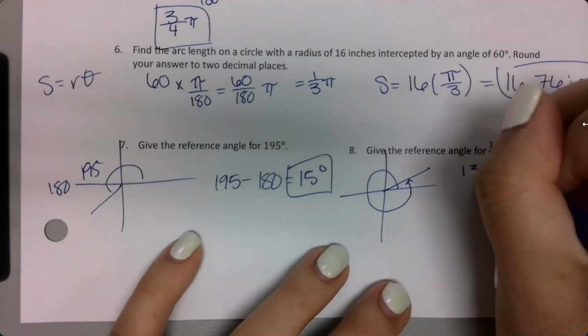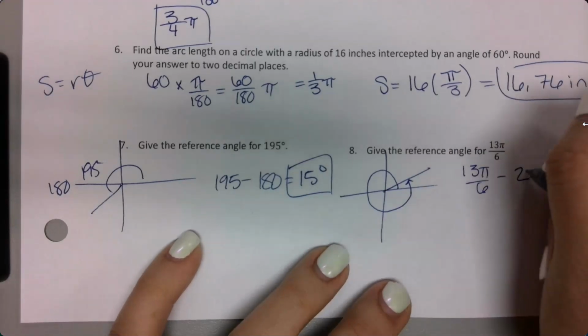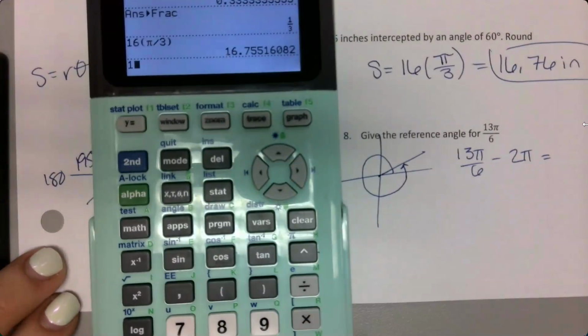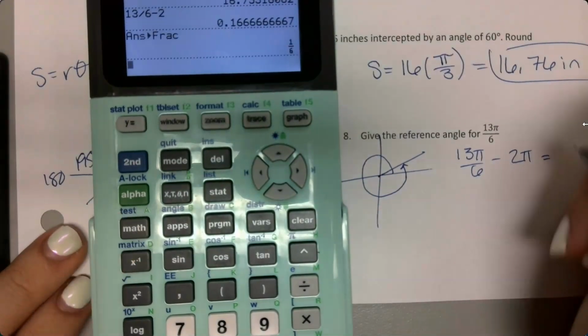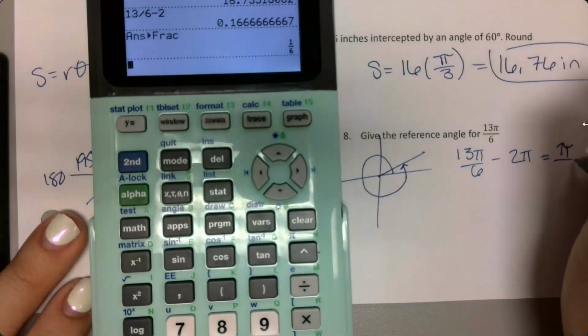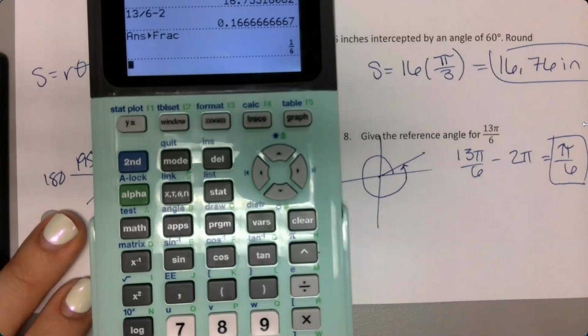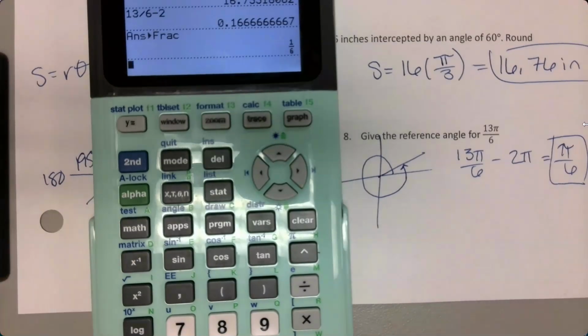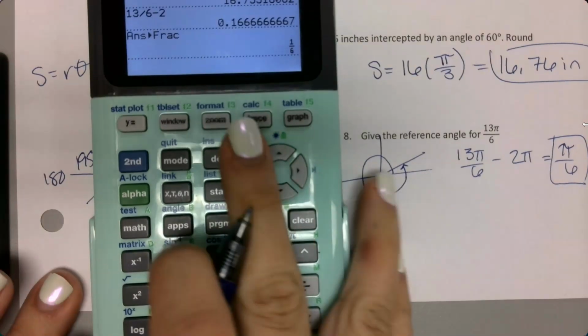So I want to do 13 pi 6 minus 2 pi. Do just the numbers out front. Turn it back into a fraction. Equals pi 6. Remember, your reference angles are always between 0 and 90 or 0 and pi halves.